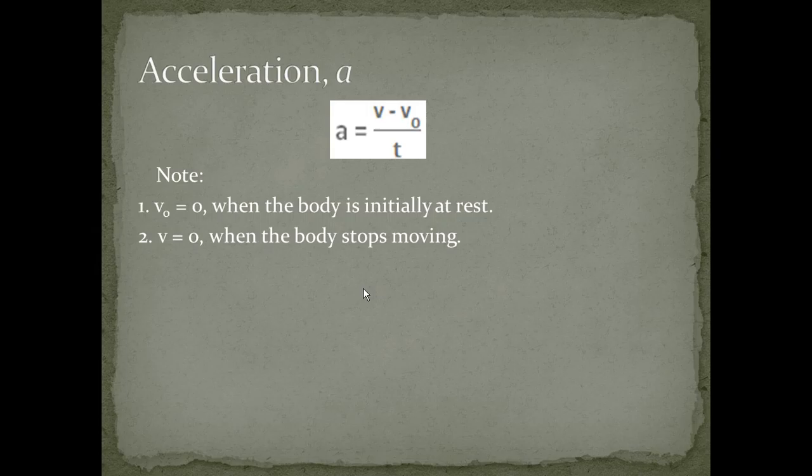Okay, also take note that when the problem discussion states that the object stops moving, then it follows that the later velocity or the final velocity would be 0. Another note, when the problem discussion states that the body is moving at constant velocity, that means the object is not changing velocity, then it follows the value of the acceleration is 0.